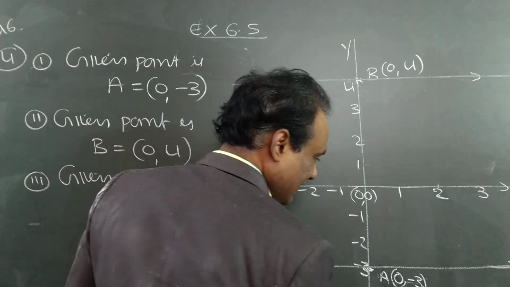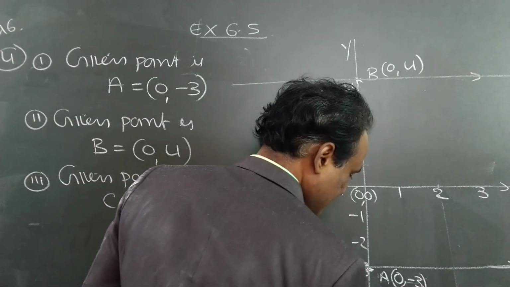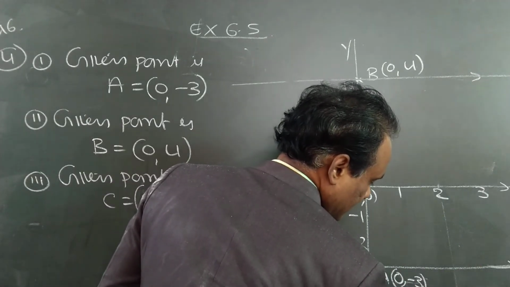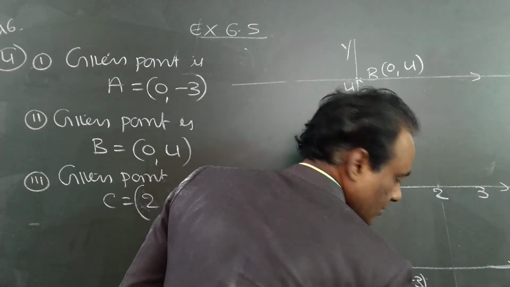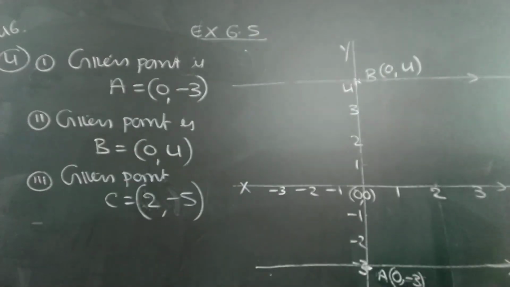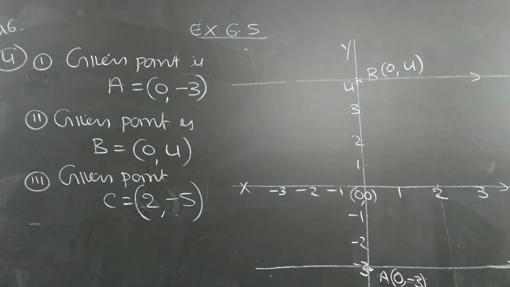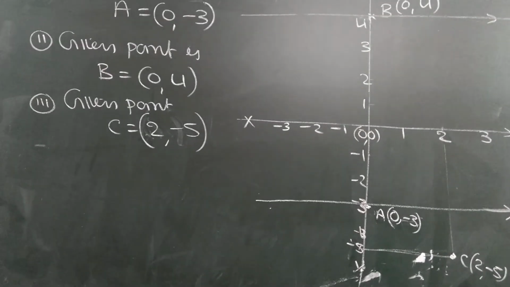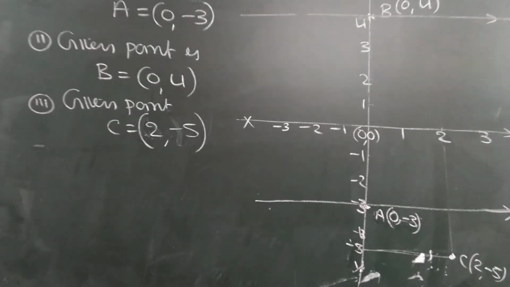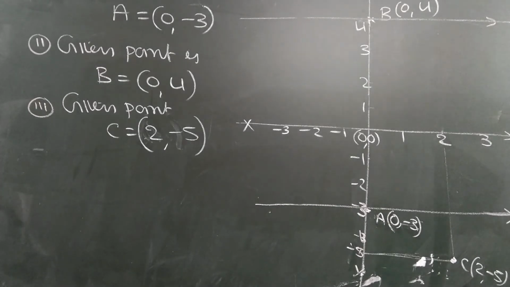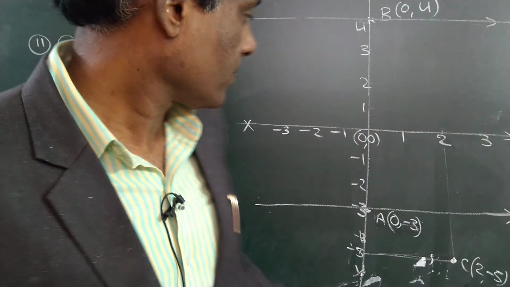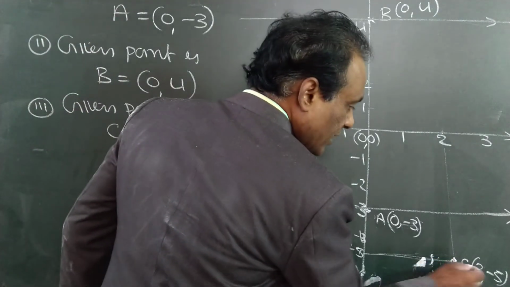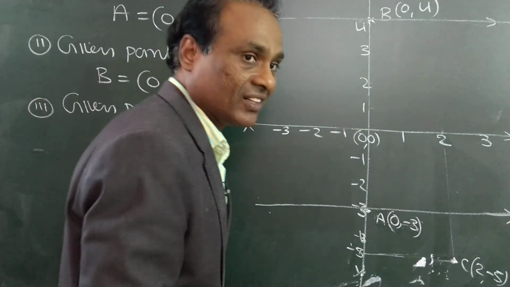At 2 comma minus 5, through this point C, draw a line.